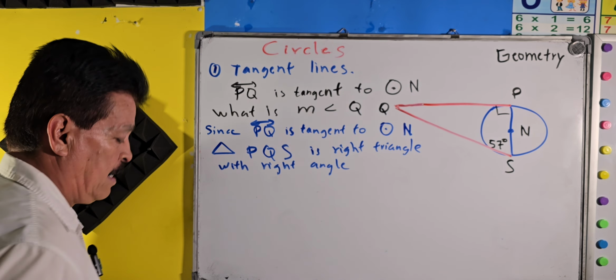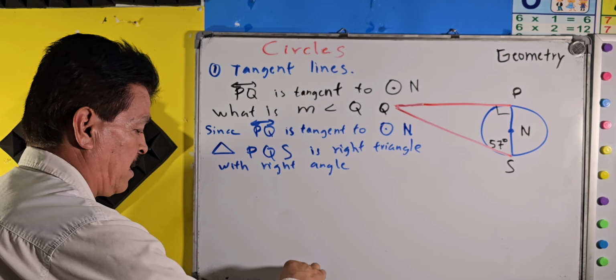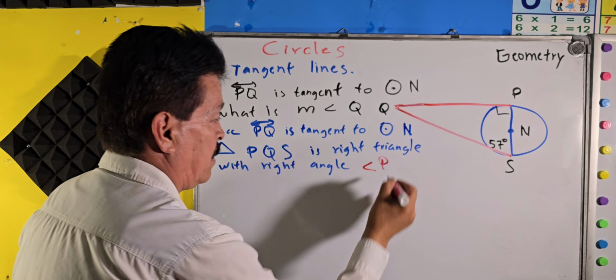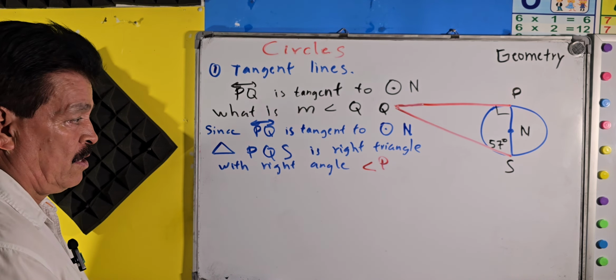So let me write the right angle right there. The angle at P is a right angle.